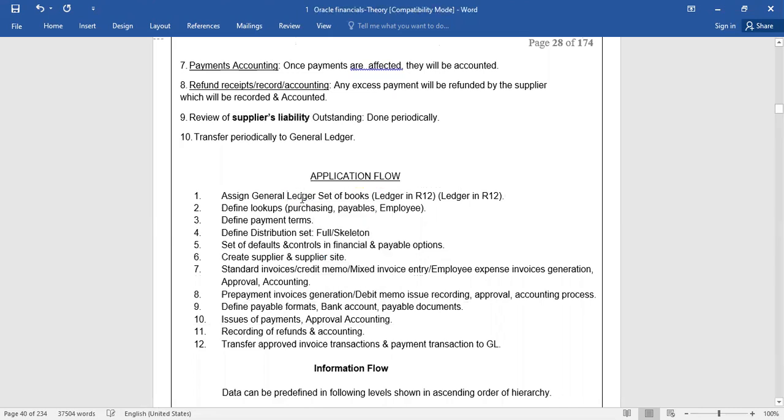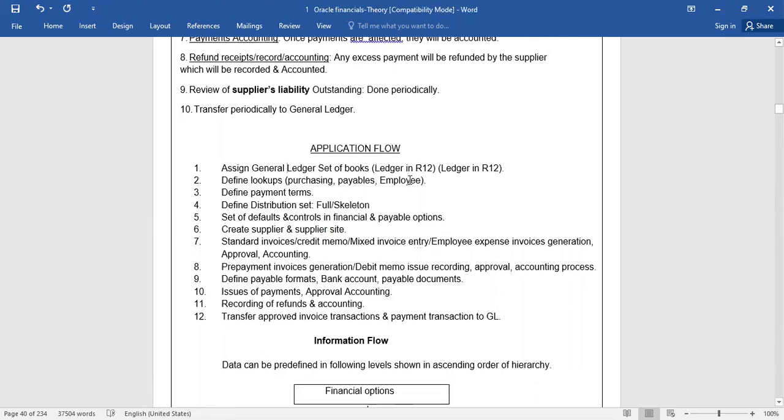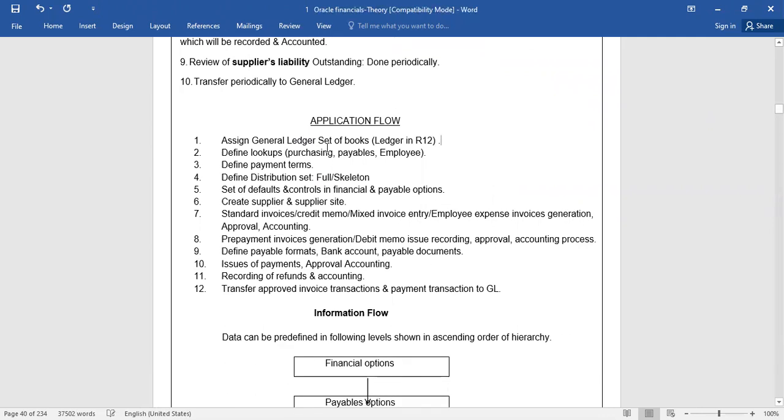Application flow. Assign the GL ledger. We already saw this in the GL. Once the ledger is created, we have to assign the ledger or set of books or whatever. Define the lookups. There are various lookups: purchasing, payables, where some are inbuilt Oracle standard, and there are few things you can add in the lookups.